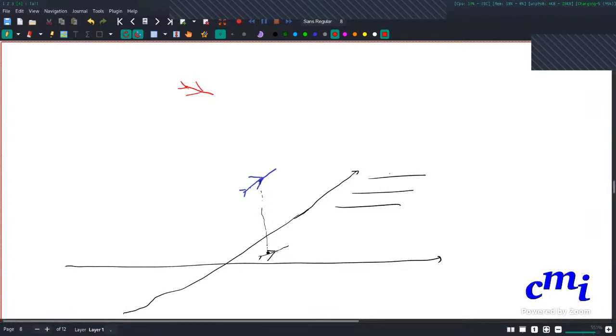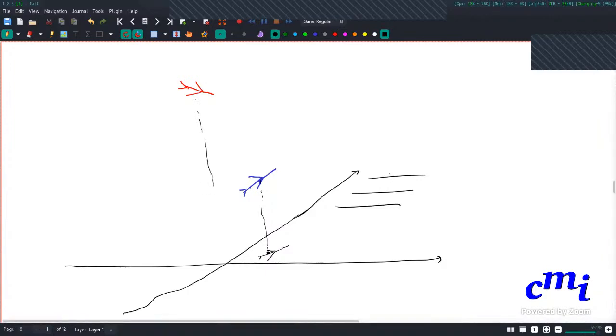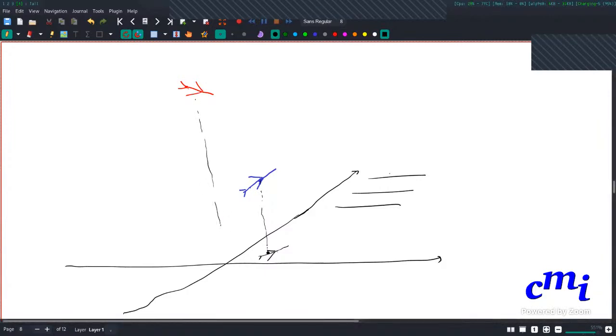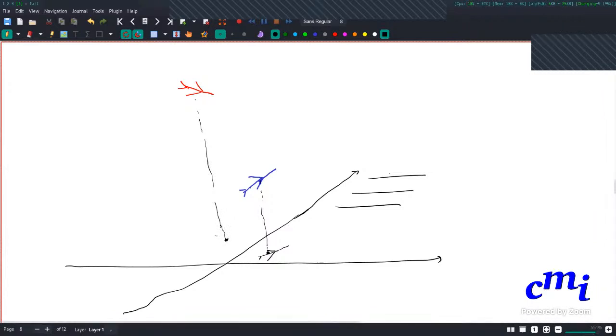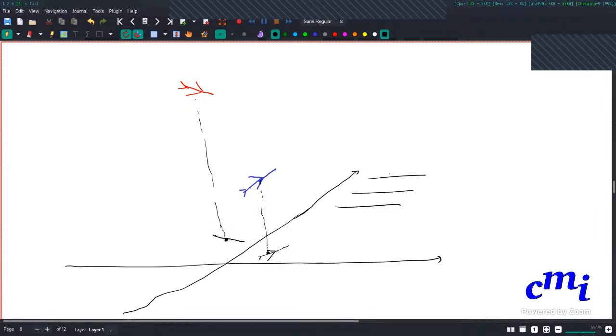I'm just drawing these as an example. Let's hope that this example is nice enough. Okay. Then you're going to have a shadow something like this, right, of this particular aircraft.